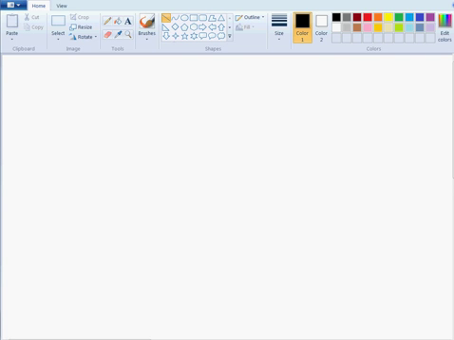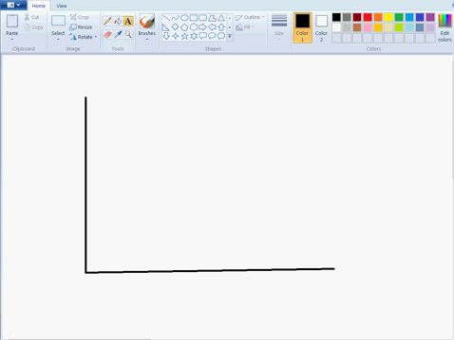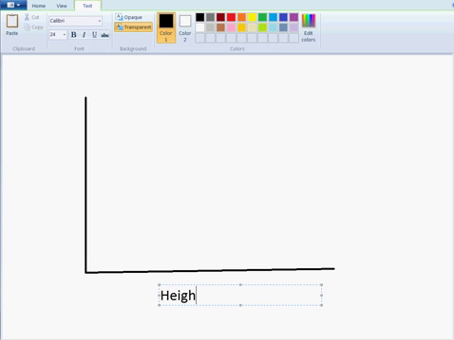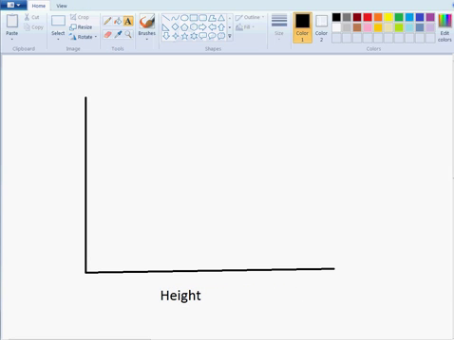So I'm going to make a plot first. This is like a scatter plot, right? So here's my y-axis, and here's my x-axis. You might be used to seeing something like height down here, and weight over here.